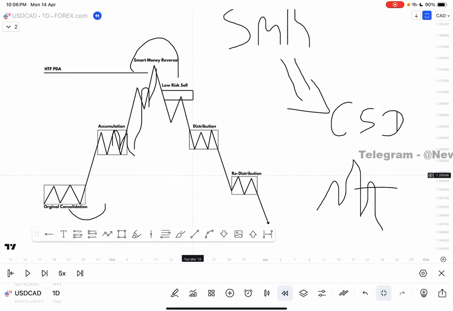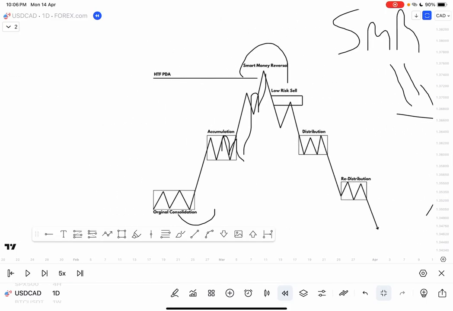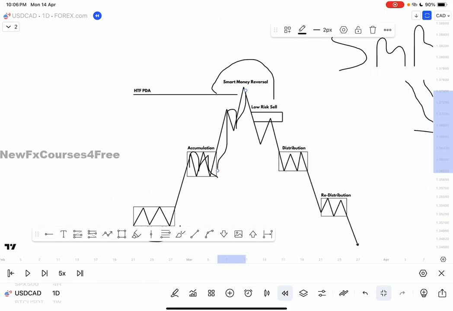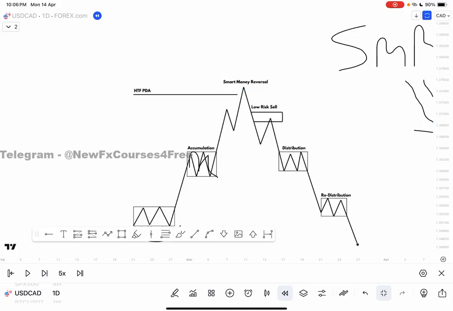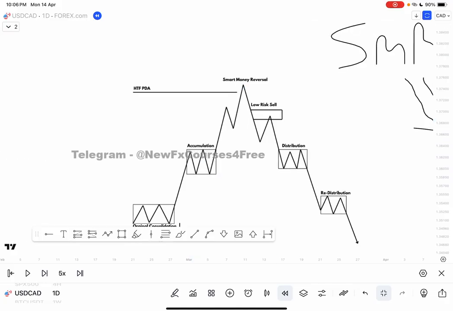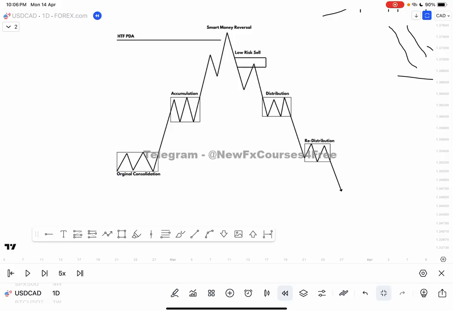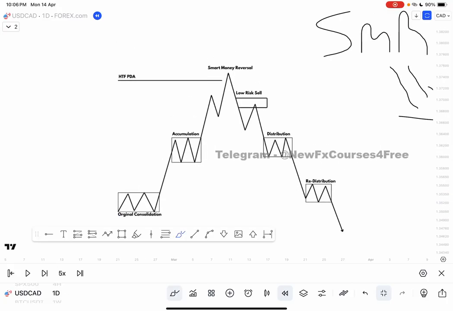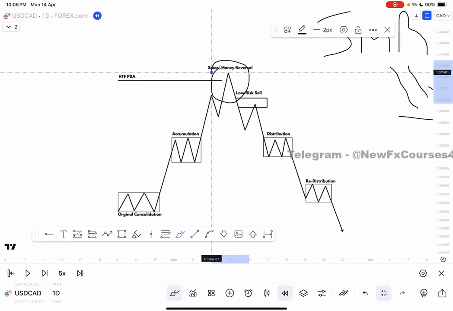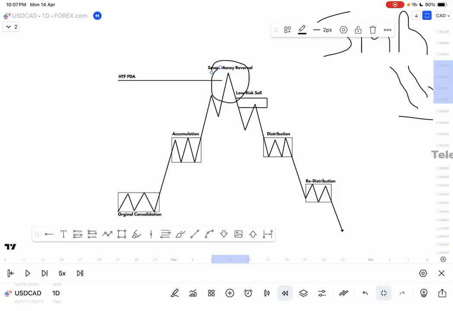Moving from a buy program to a sell program. So your order block above this key level, above this high, can actually confirm your smart money reversal.